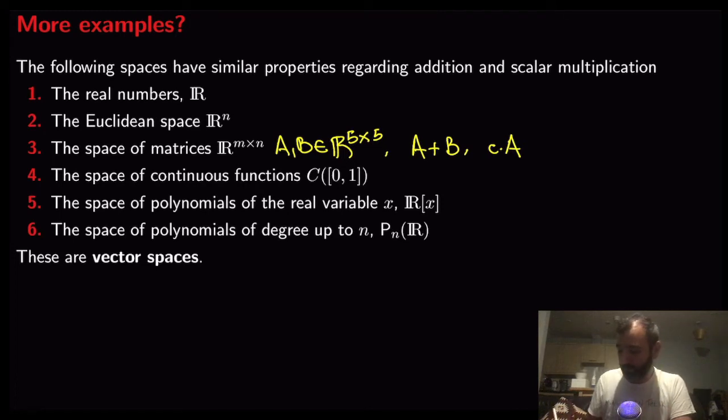I can do this with functions, as we discussed before. I can do this with polynomials. Yes, I can. So if P and Q are polynomials, then P plus Q is a polynomial, and then C times P is a polynomial. And even if you take, let's say, polynomials of degree up to 2, this is again an example where we can treat the elements of this space as if they were vectors.